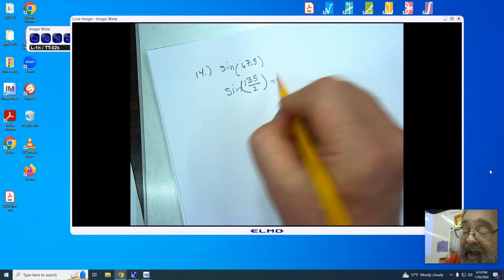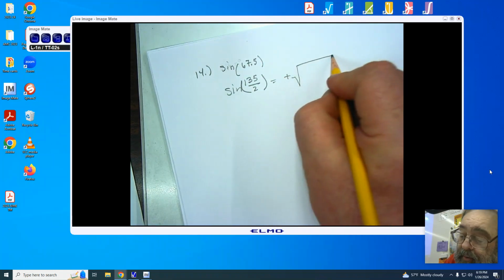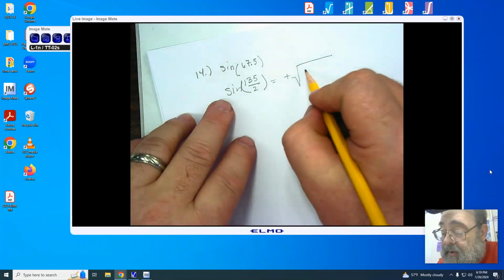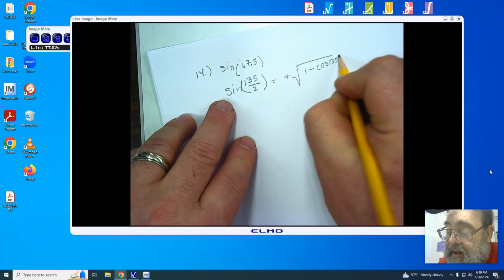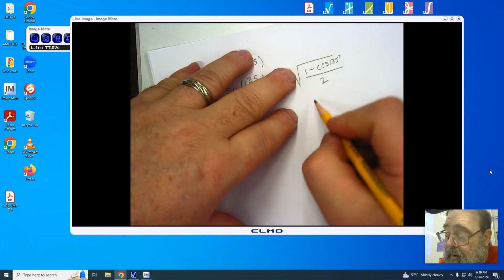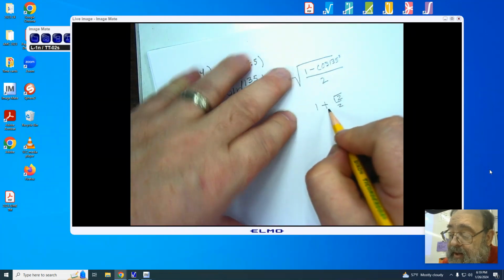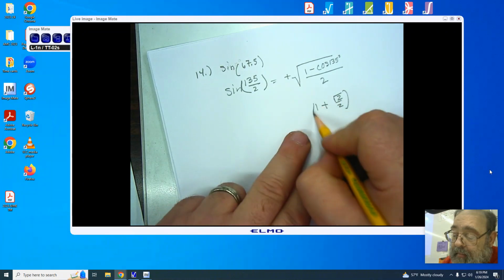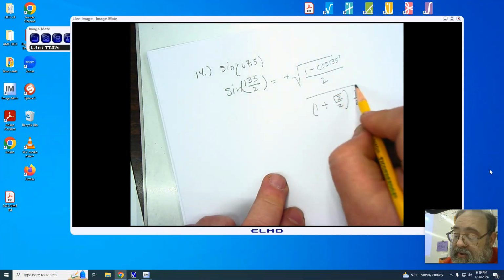Once again, we're looking at sine in the first quadrant, so we know we're looking at a positive square root. And in order to deal with sine, I have 1 minus cosine of 135 degrees divided by 2. I'm now going to replace the cosine of 135 degrees. I am looking at a negative root 2 over 2, and the double negative applied. I'm multiplying by the reciprocal of the denominator, and I know it's a square root.